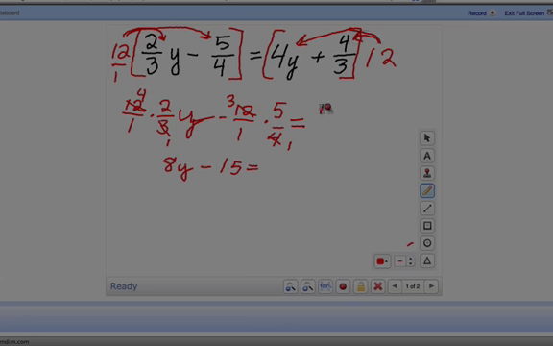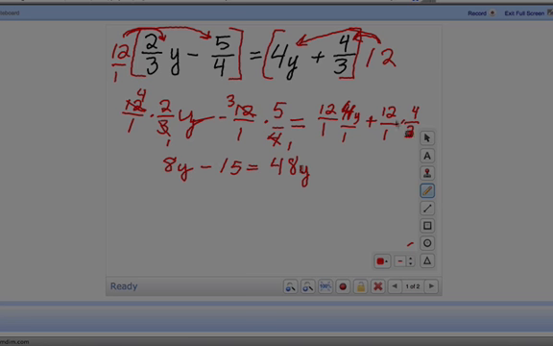So this is going to be 12 over 1 times 4y over 1, and that's going to be plus 12 over 1 times 4/3. We probably could have skipped the over 1, but you get the idea here. 12 times 4y is 48y.